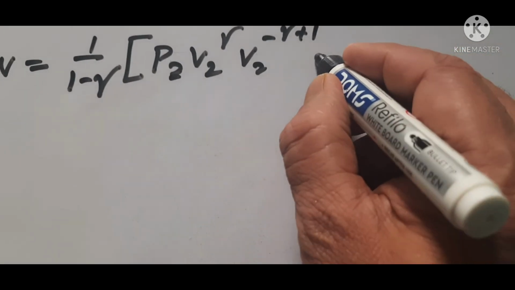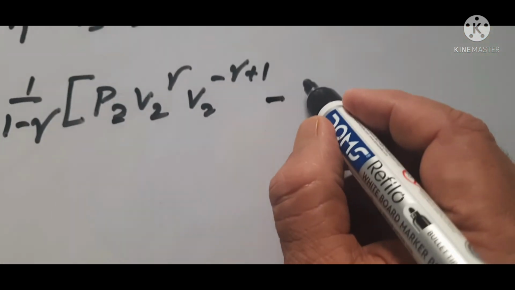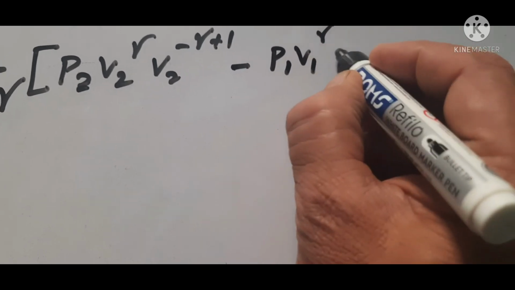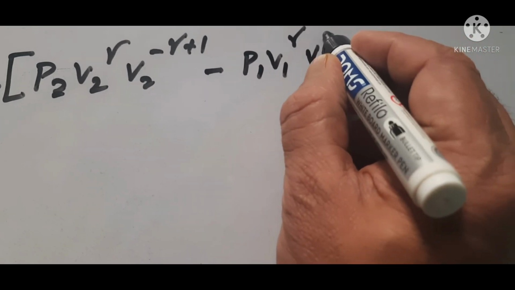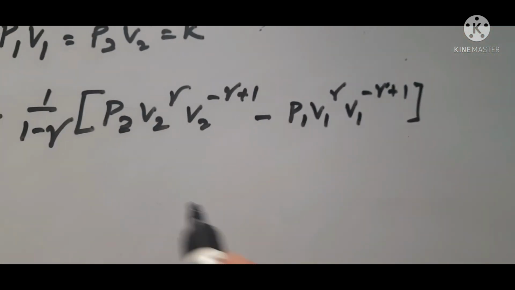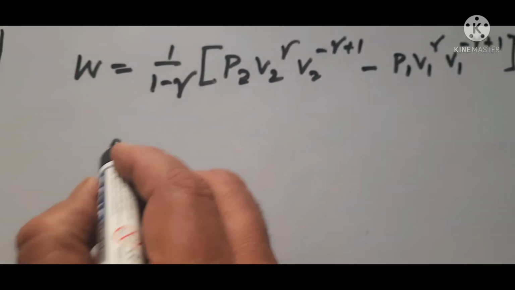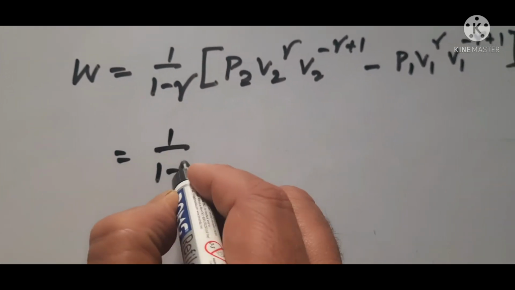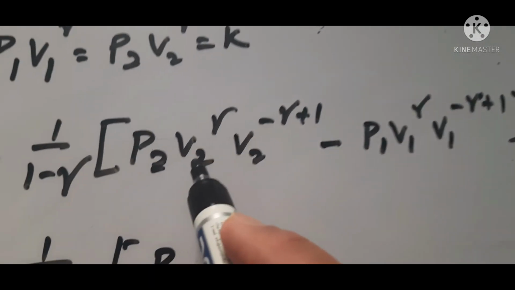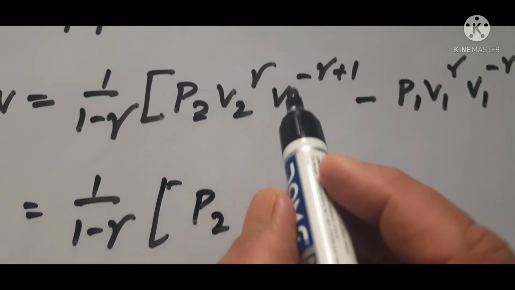Similarly, minus, for the second quantity we are writing P1 V1 to the power gamma, V1 to the power minus gamma plus 1. Now just see, base is the same, so powers are added. So 1 by 1 minus gamma, P2 V2 to the power gamma minus gamma plus 1, means plus and minus cancel.